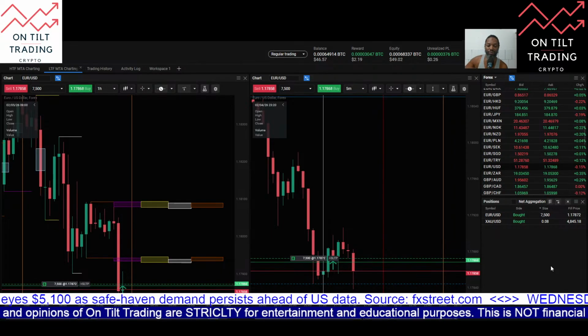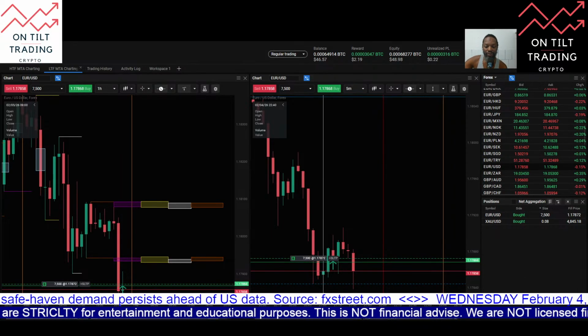Price still trading below my entry point. Less than 1 minute remaining in the current 5-minute candle.